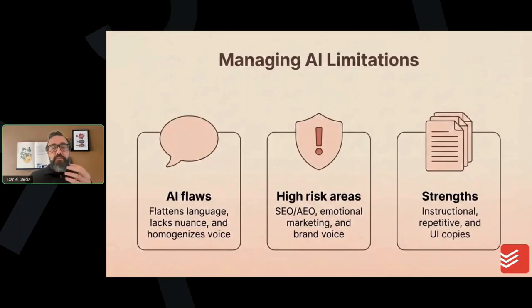To give you an example, things like SEO and AEO content are dangerous. Everything related to emotional marketing copy, it is dangerous to only use AI or even to start with AI from scratch.